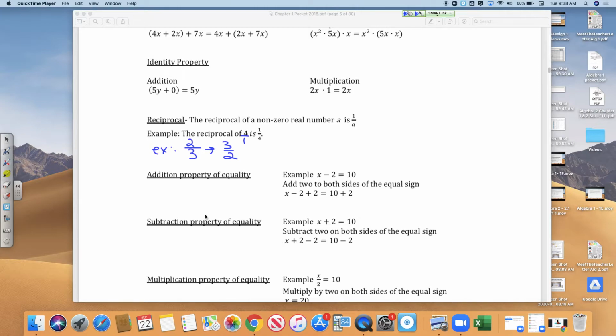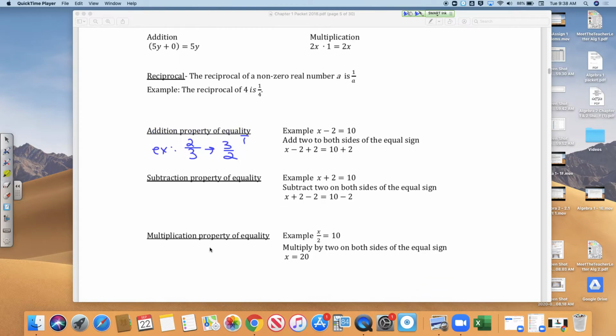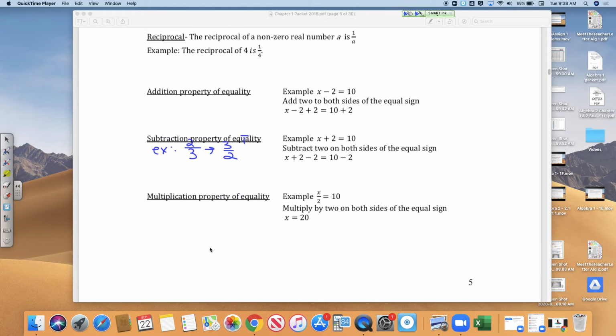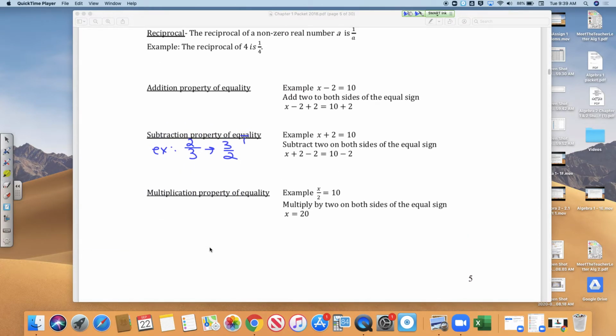You can't just take an equation and only add it to one side. It has to be both. It works for subtraction as well. You can do the same thing with subtraction. You can subtract both sides by the same number and still get the same answer. And it works for multiplication too. So you can take the equation and you can multiply both sides by the same number and get the same exact answer.